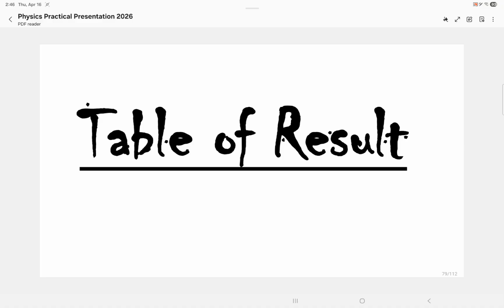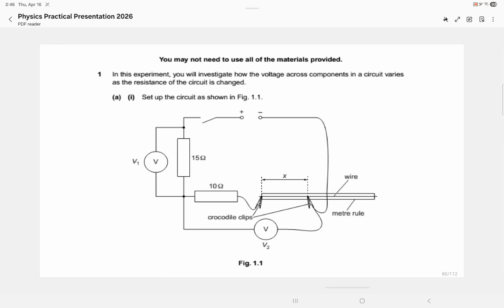You will always be given a blank space for making a table of results in a decent manner, because all your data compiled through the apparatus provided to you for question number 1 will be put inside a table. This shows how good a candidate's practice is, or what a good grip a candidate has on the practical activity.